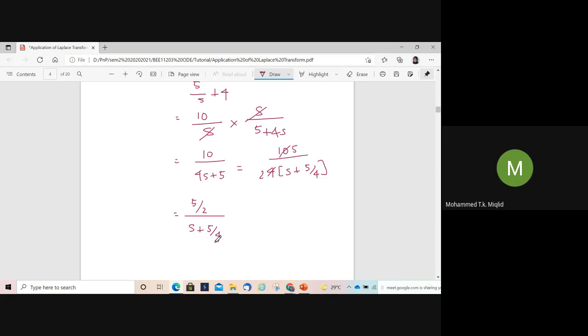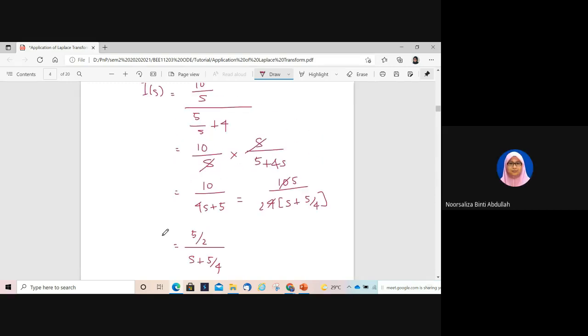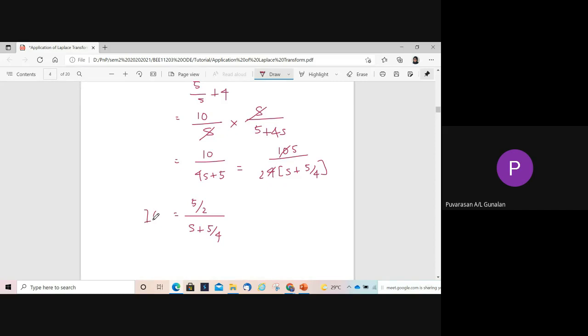Okay, from here, Doktor, is that the bracket S plus 5/4? Is that 4 or 2? This one is 2, up there. So S plus 5/4. Is the one over 4 a 4 or a 2? This one is 4. From here, you factor out this 4.